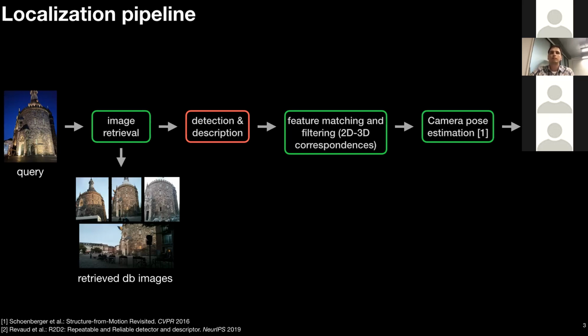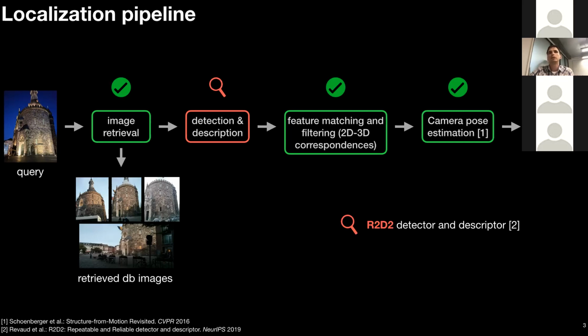Since some 3D scene representation is given, based on the list of 2D correspondences, we can obtain a set of 2D-3D correspondences, and we can use this list to estimate the camera pose using COLMAP. During this work, we are focusing mostly on the second part of the pipeline.